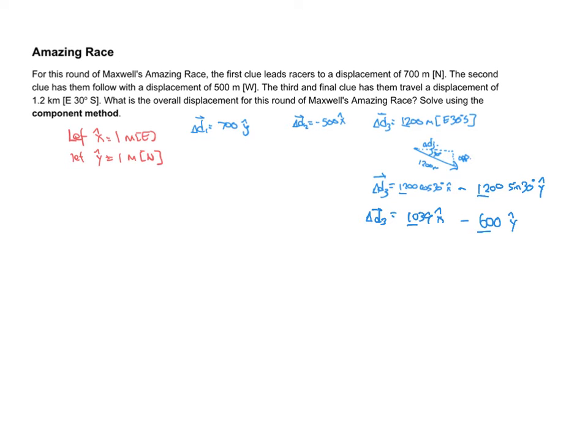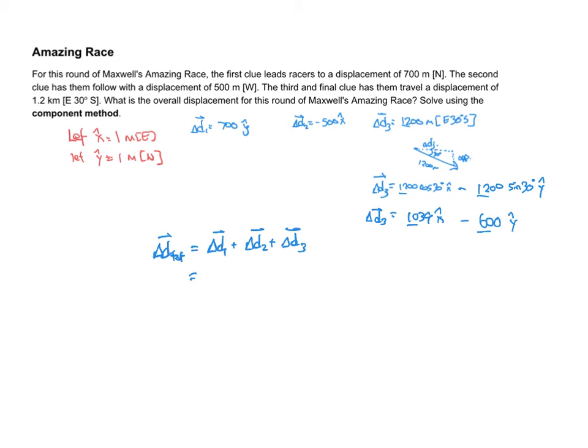And now I can go ahead and find the total. I'll use delta D sub TOT for total. So the total means I'm just going to add these three vectors. And I'm going to look at all the x components and put those together.